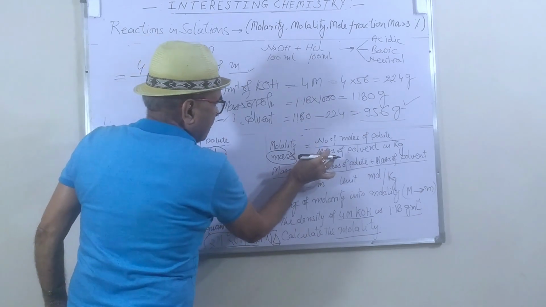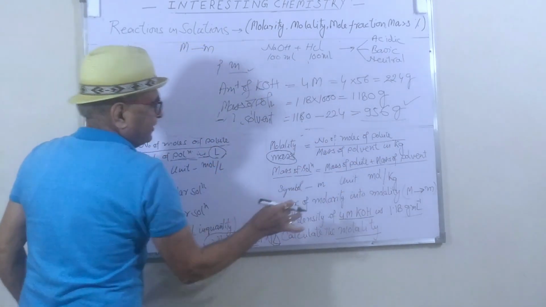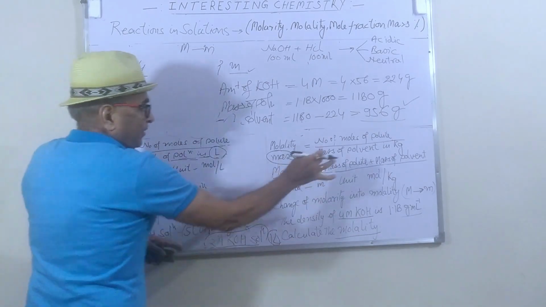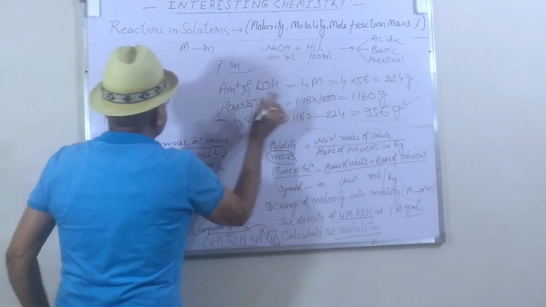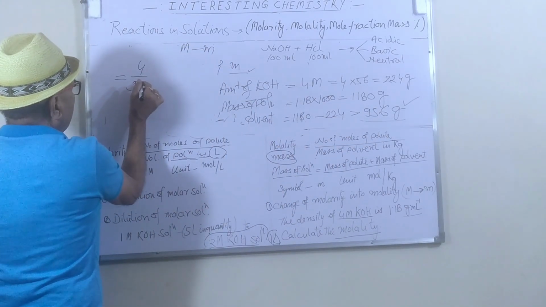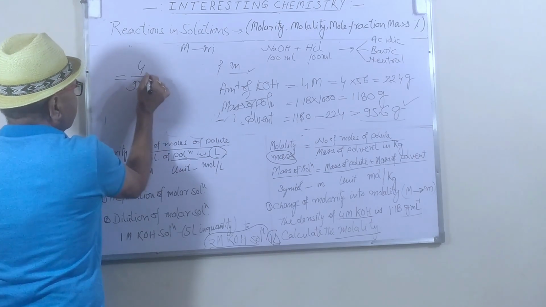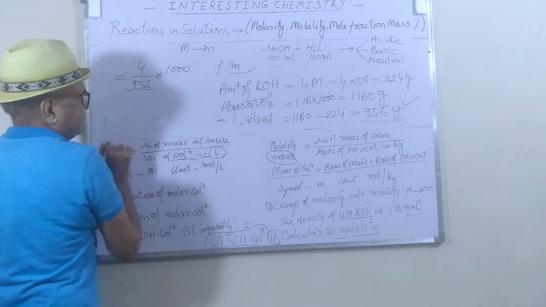And the mass of this solvent in kilogram. So this should be in kilogram. This mass is 956, so 956 multiplied by 1000.